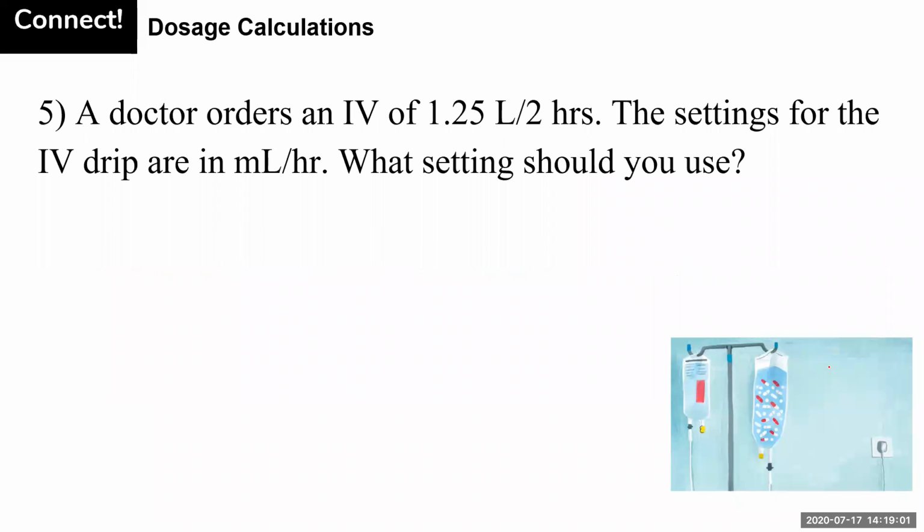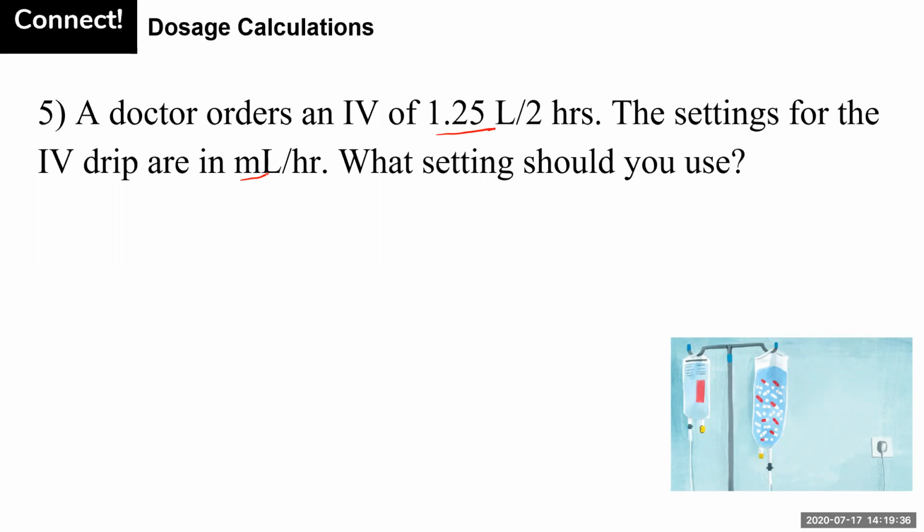Okay, nice. Now a doctor orders an IV of 1.25 liters every 2 hours. The settings for the IV drip are in ml per hour. What setting should you use? Here you have to change from liters into milliliters.